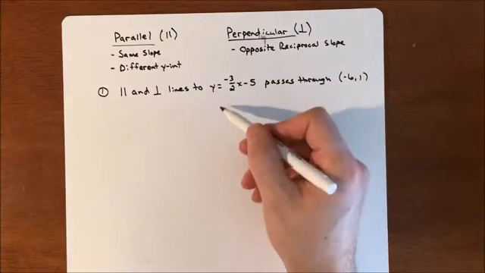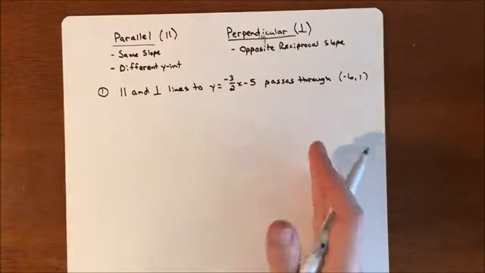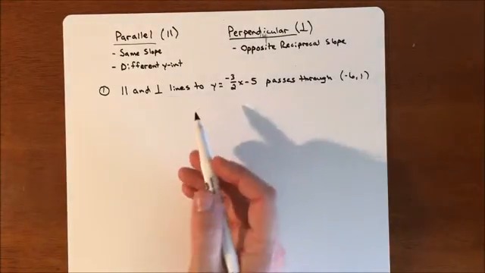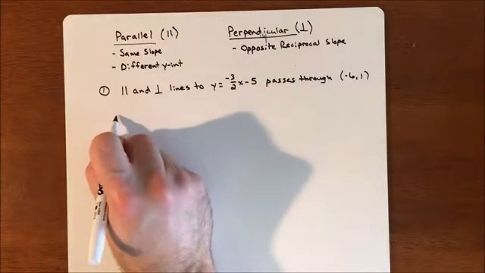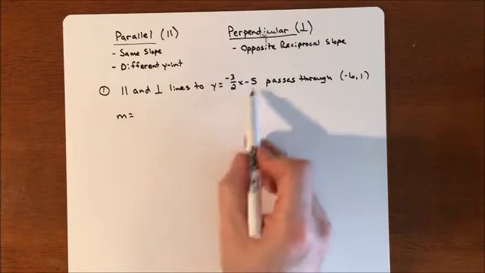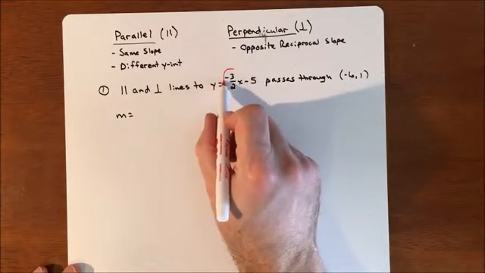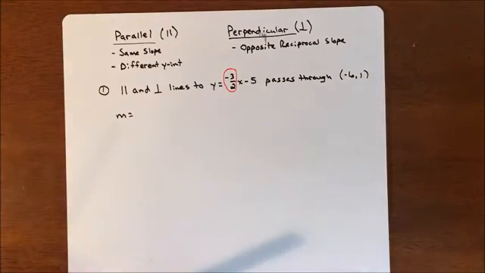So I'm going to do them exactly right next to each other, and you're going to see that it's really the exact same process. Literally the only difference is going to be the slope. So in order to make things parallel and perpendicular to this line, it's all about this slope. So I'm going to focus on that slope.